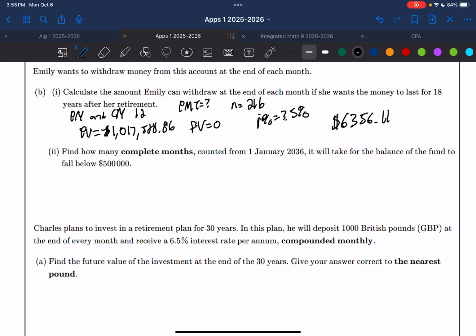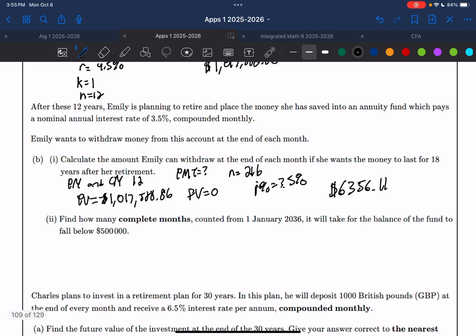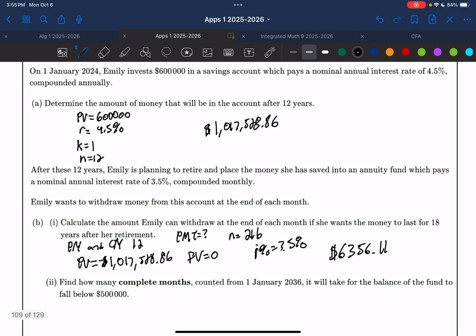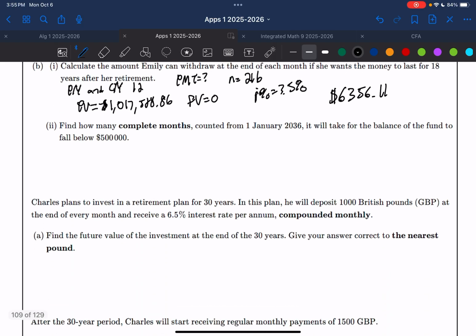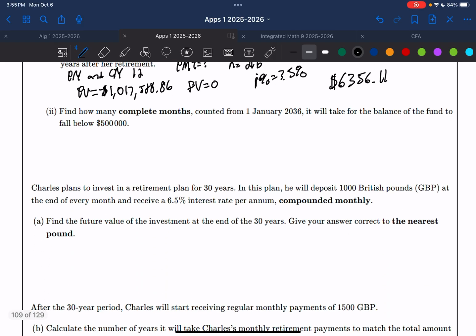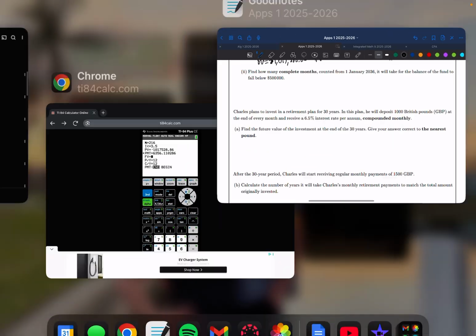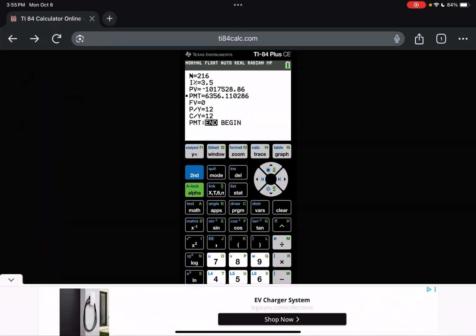Find how many complete months counted from January 1, 2036 it will take for the balance of the fund to fall below $500,000. So that is when she's retiring. So how many months from the time that she retires until it falls below 500,000? Well, this is straightforward.